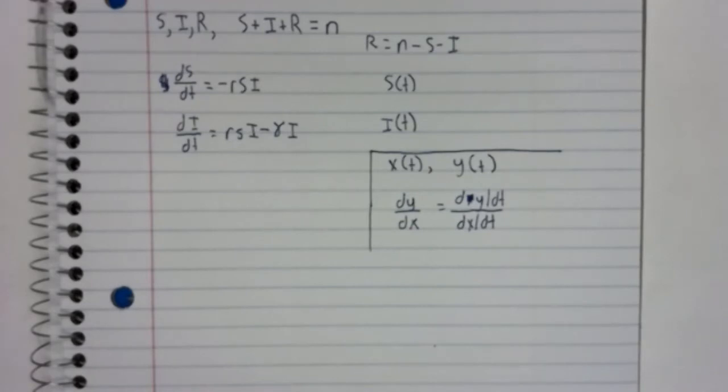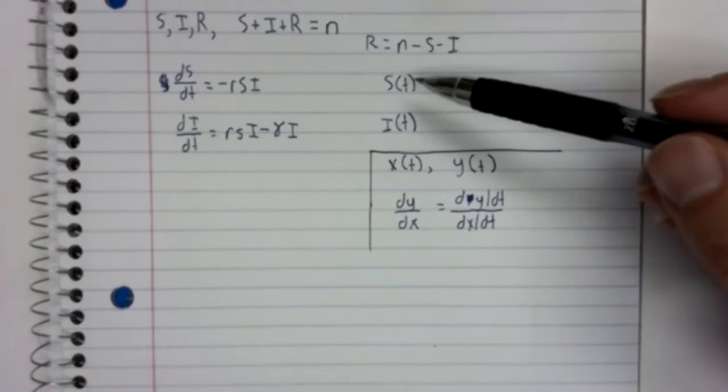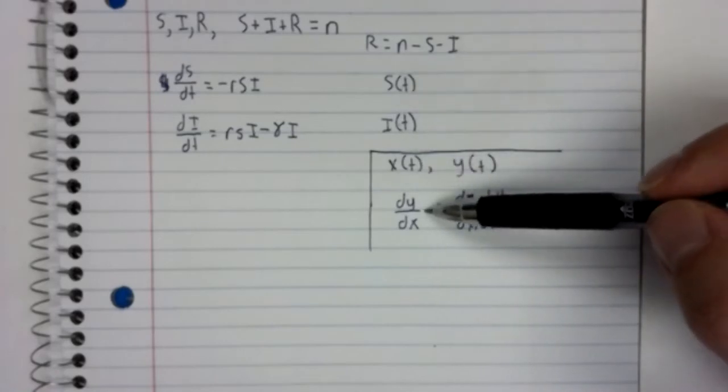And with the exception that we're calling our parametric variables I and S, we're in exactly this situation.